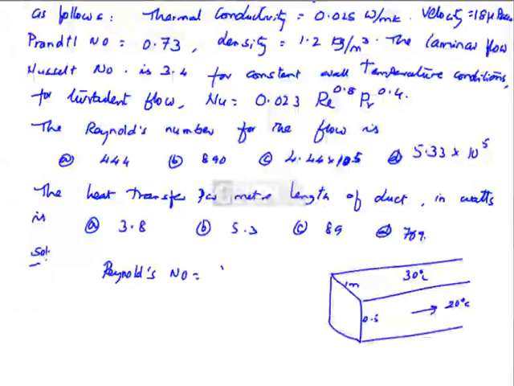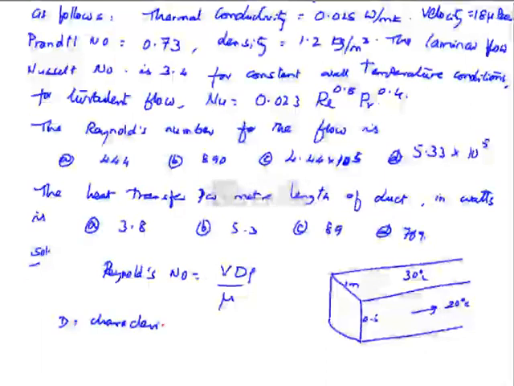Reynolds number is given by Vd rho by mu or Vd by nu. Here d is characteristic dimension because it is not circular.